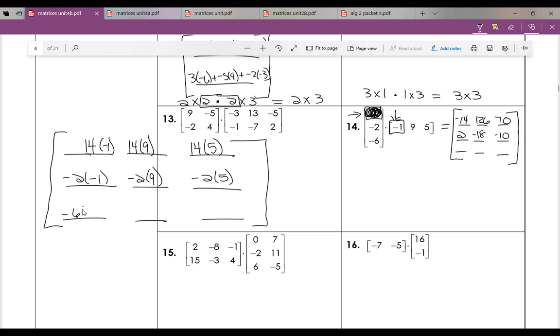And then negative 6 times negative 1, negative 6 times 9, and negative 6 times 5. So 6, negative 54, and negative 30. That's how it ends up being a 3 by 3.